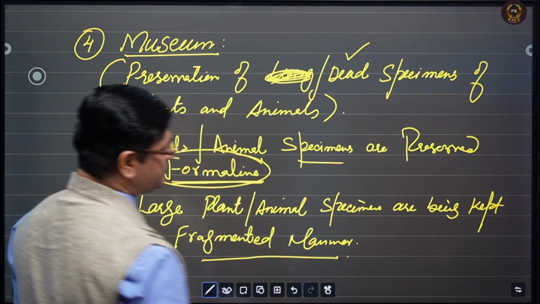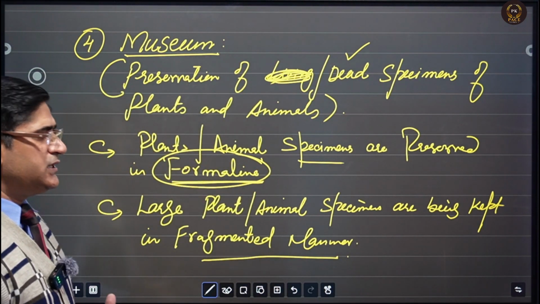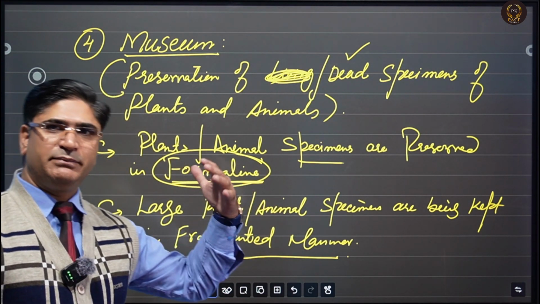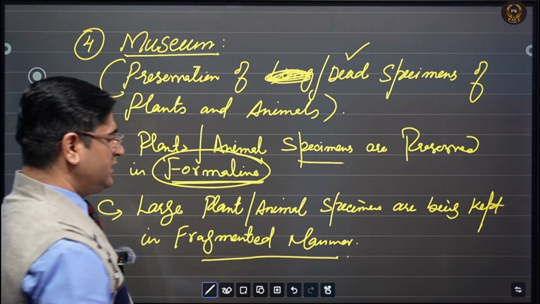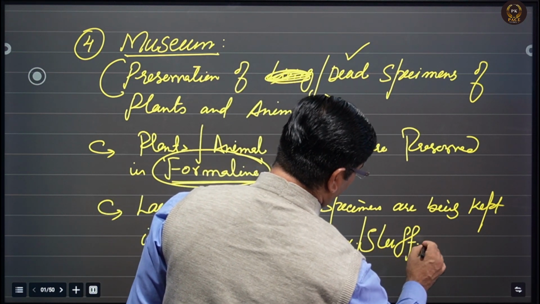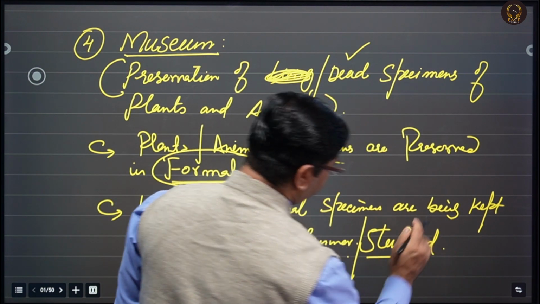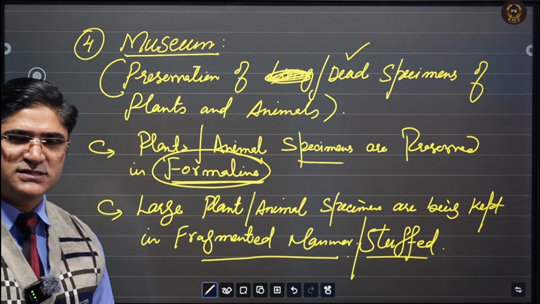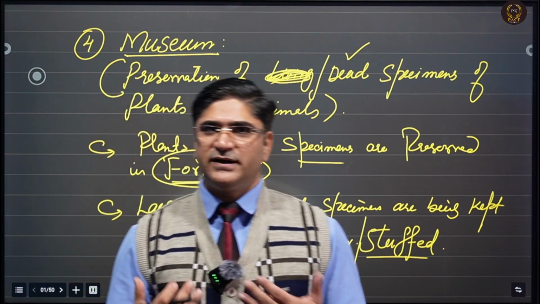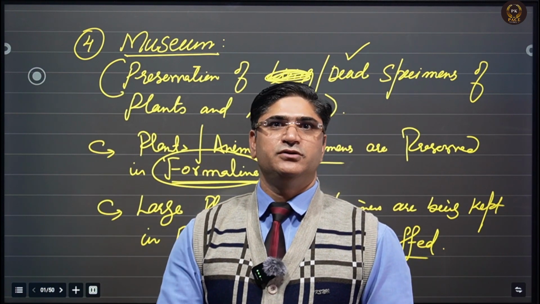If any animal is larger in size, that animal is not kept in the same way; it is going to be stuffed. Its body is going to be stuffed into small fragments, like an elephant. So the whole elephant cannot be depicted in the museum.